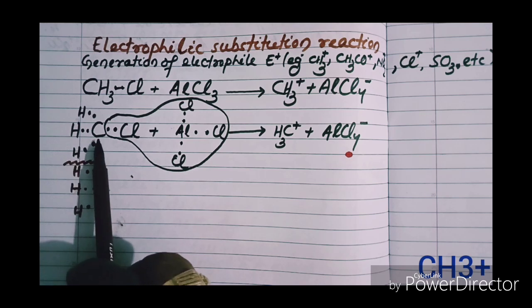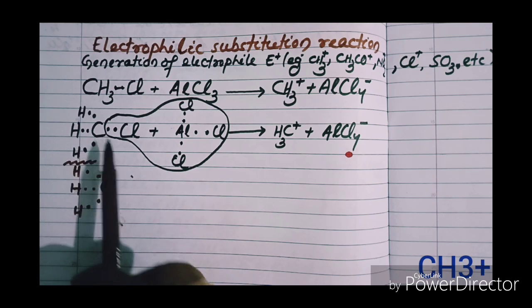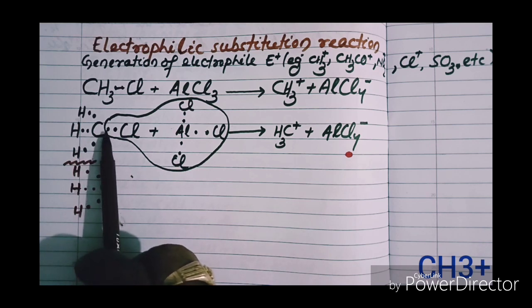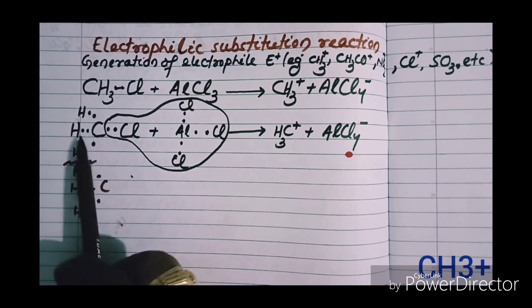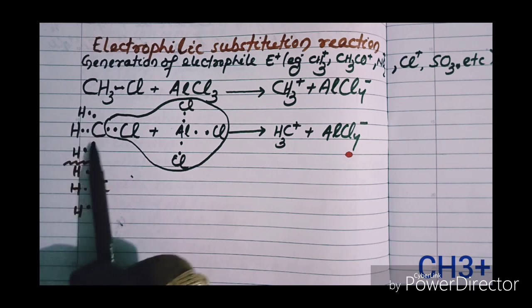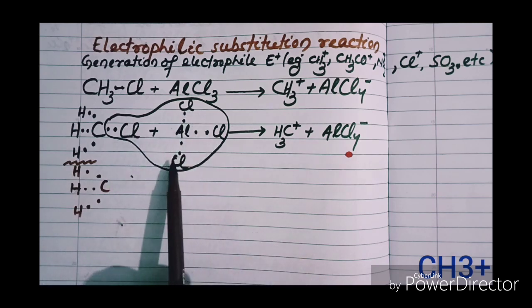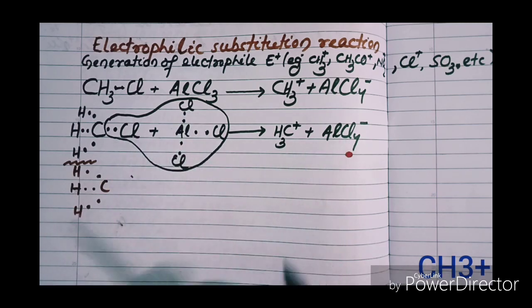CH3 group becomes CH3 plus because this electron is lost by this group, or this electron of this carbon is lost. So CH3 becomes CH3 plus and this AlCl3 becomes AlCl4 minus.